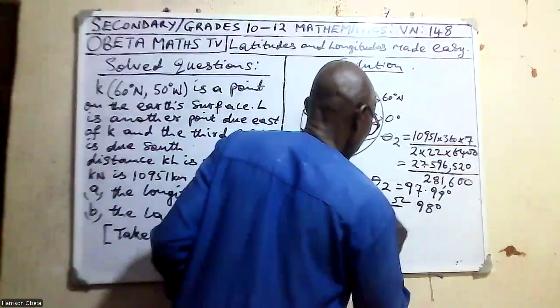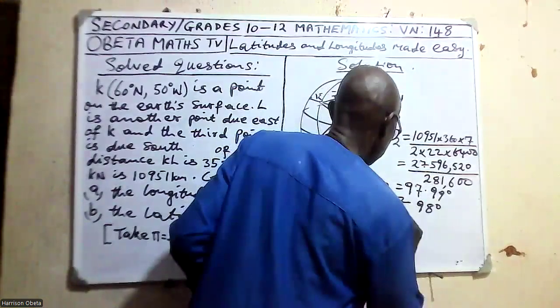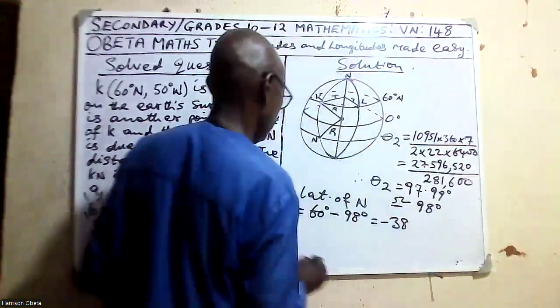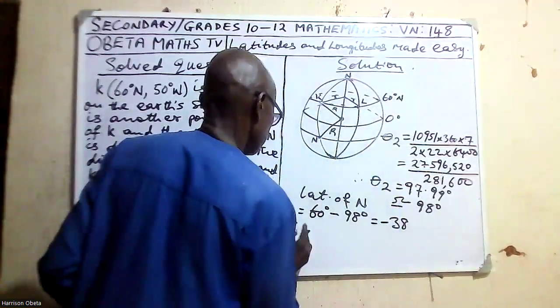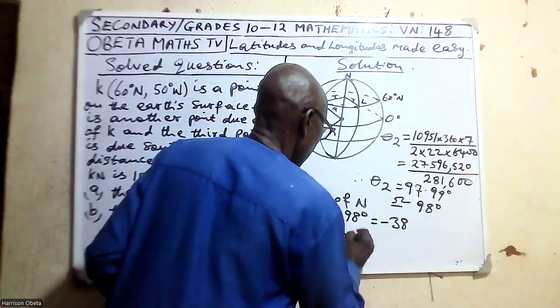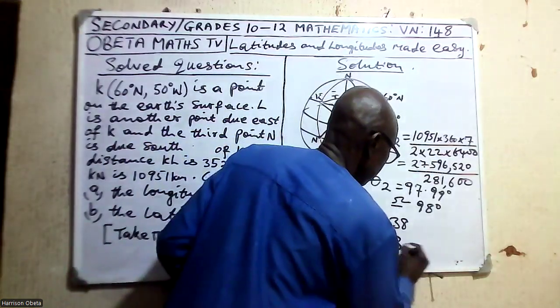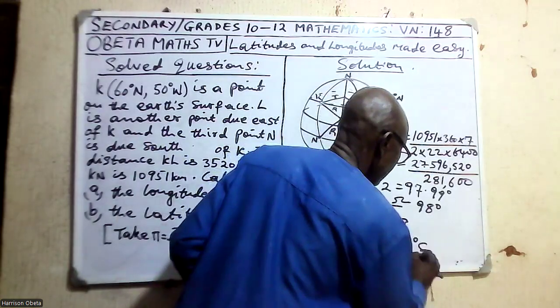And that will give us minus 38. Therefore, latitude of N equal to 38 degrees south.